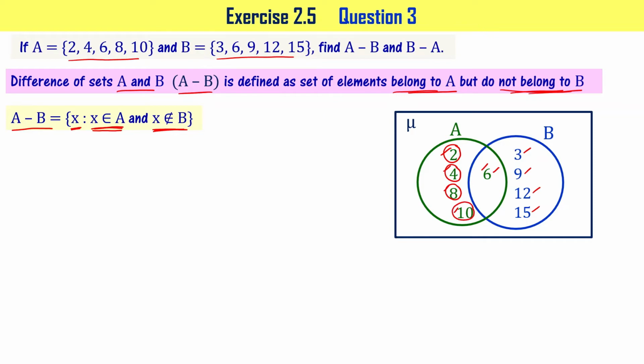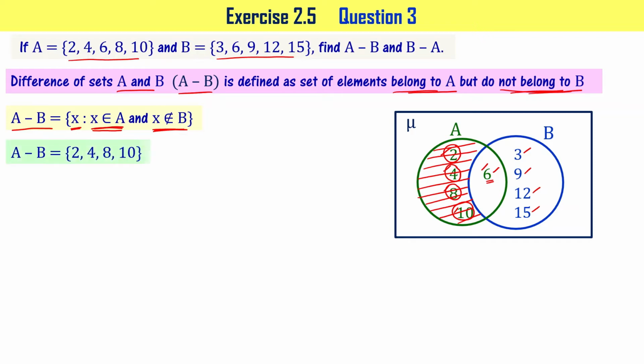The reason is that 6 belongs to B also. You understood? If you have to mark the region of A minus B, it will be this particular region. You are not going to go into the blue circle. You are going to be only in the green circle, which is exclusive of the blue circle.